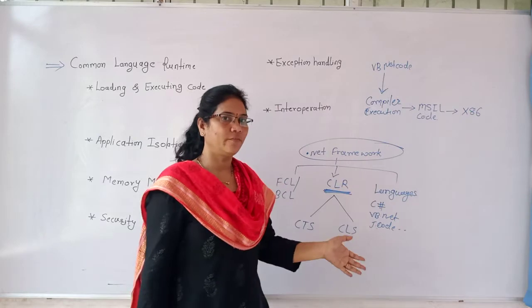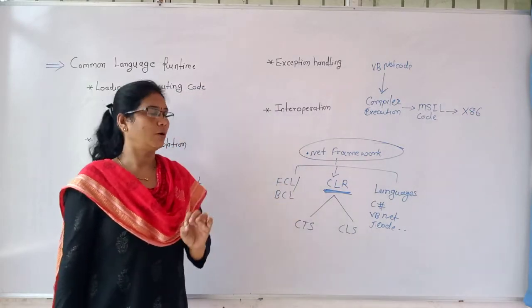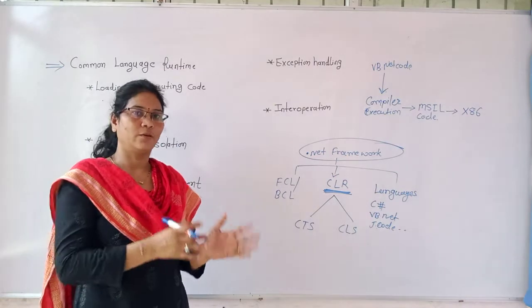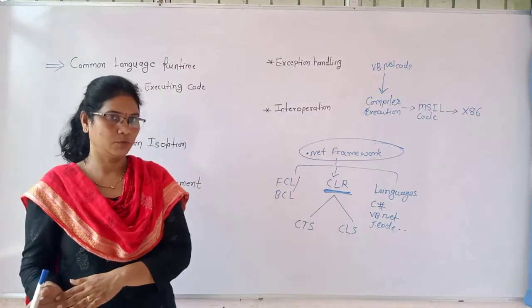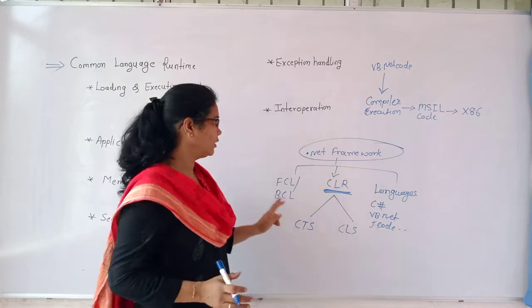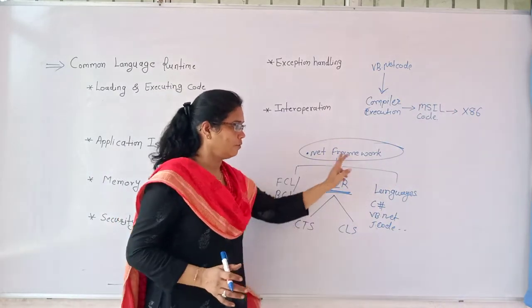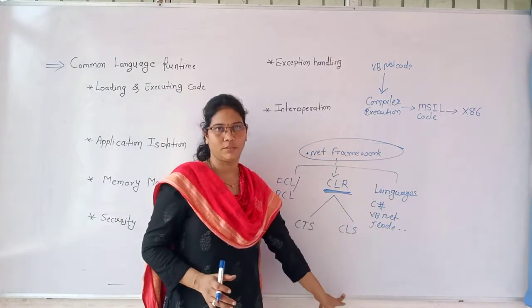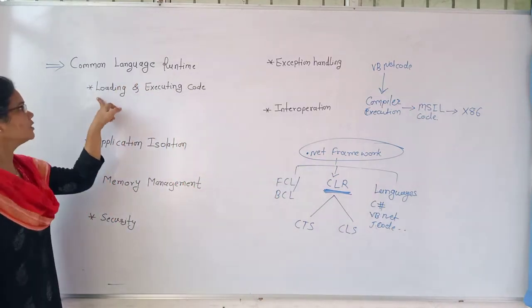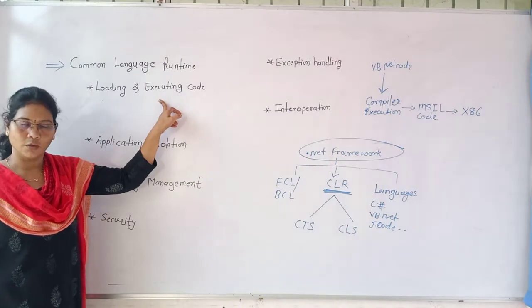Microsoft relies on Windows because it has so many features for executing one platform and so many languages. So the first function of the Common Language Runtime is loading and executing the code.